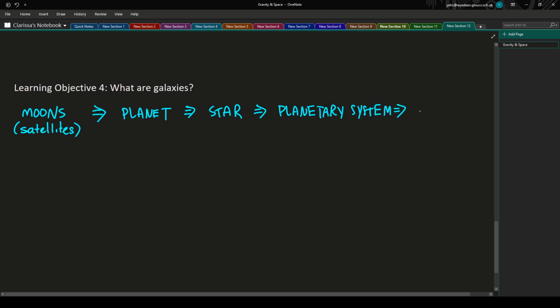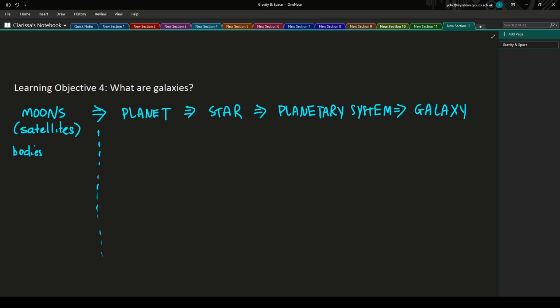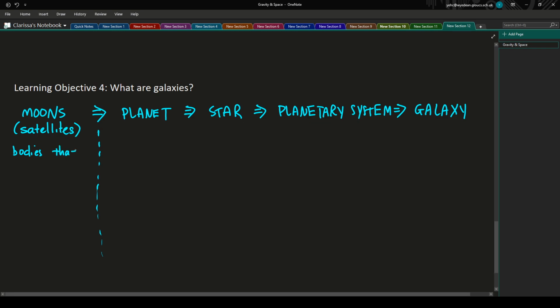And then we have what's known as a galaxy. So let me summarize this. So with moons, they're bodies that orbit a planet.